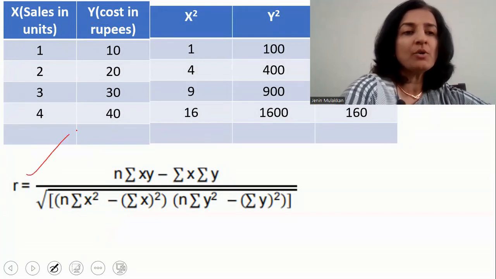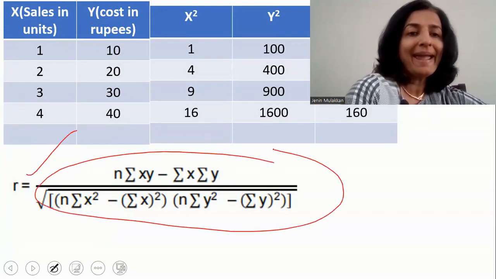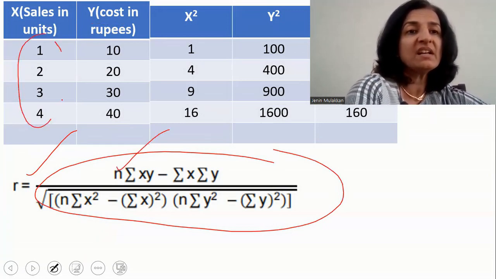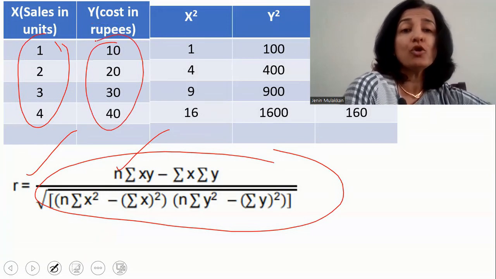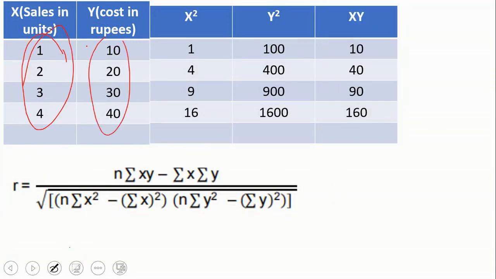Okay, so I've just jotted down the formula of the correlation coefficient R. Now n means the number of observations. In this particular case, we have 4 observations. Sigma xy is column x multiplied by column y. This is indicated here because 1 into 10 is equal to 10, 2 into 20 is equal to 40, 3 into 30 is equal to 90, and so on.